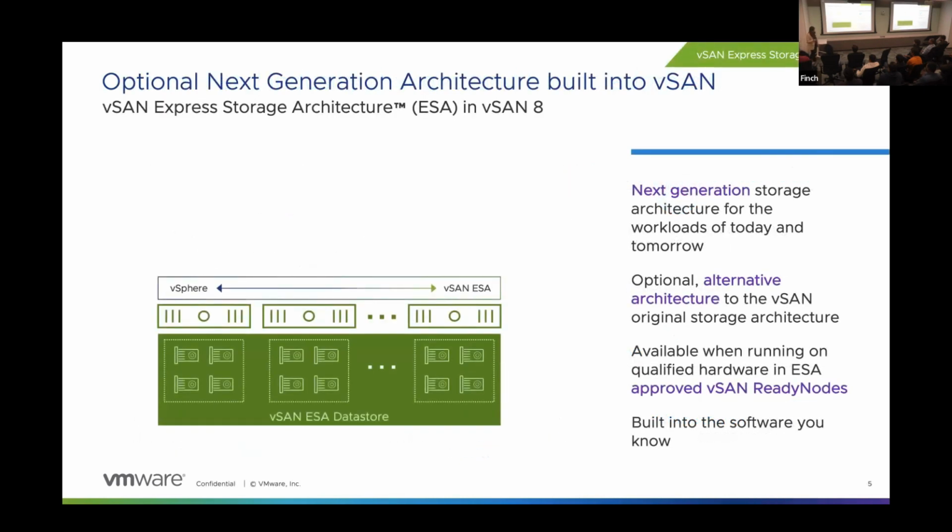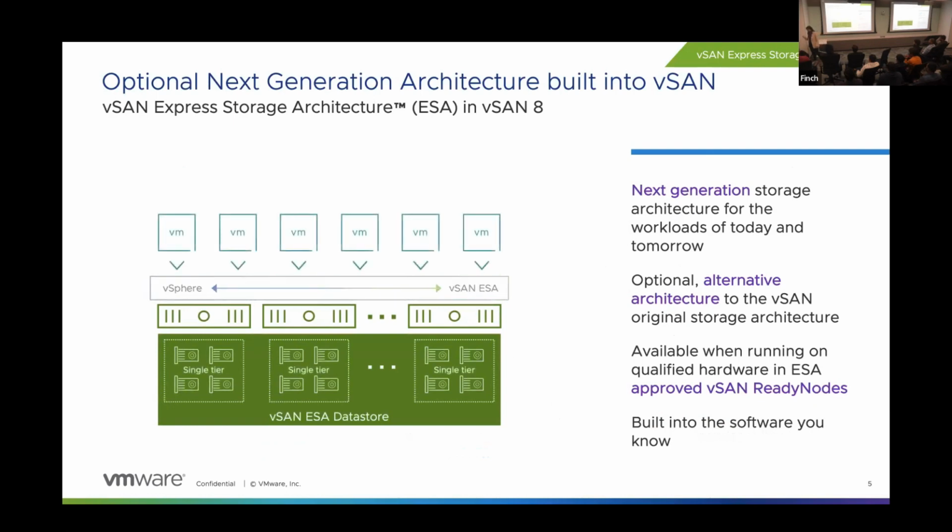That brings us to what vSAN 8 ESA is. It's actually an optional alternative architecture. When I say optional and alternative, it means that it is not replacing your original storage architecture. It is a new architecture in the same software that you know, just that the architecture here is changed.